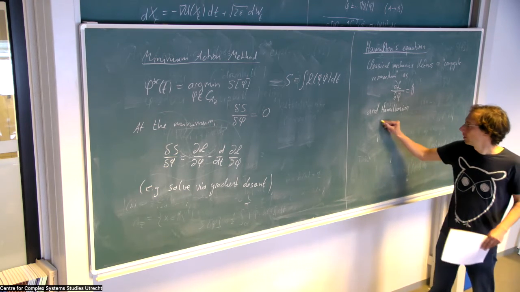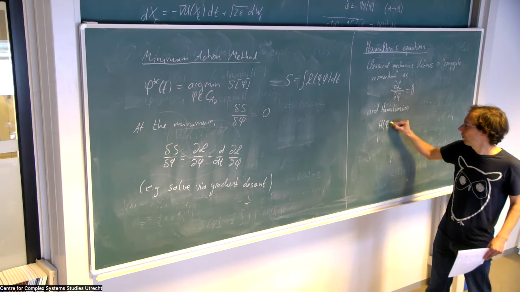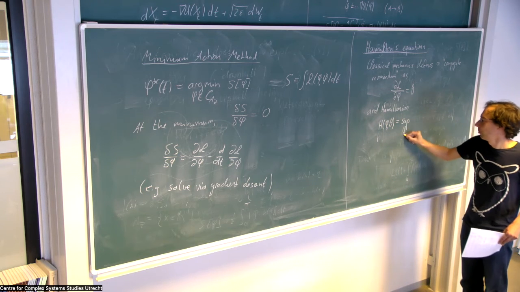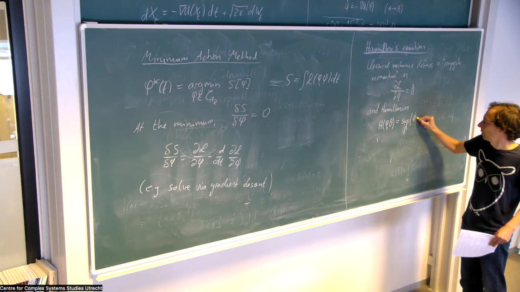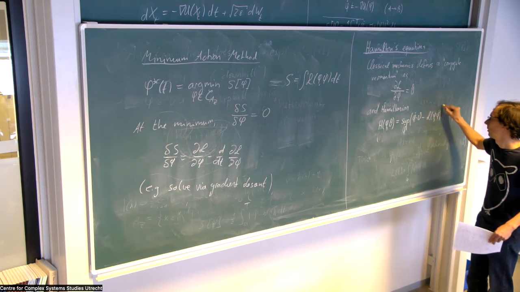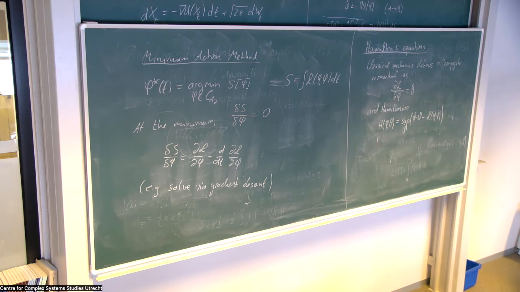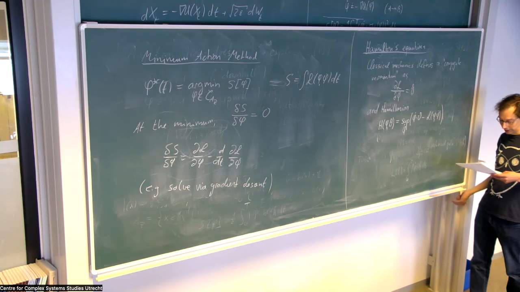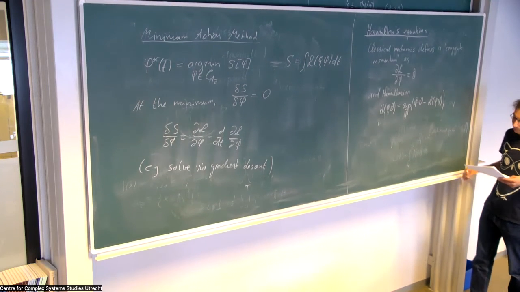I will write that down. So the Hamiltonian, which is now a function of the field variable and the conjugate momentum, is the supremum over phi dot of phi dot times theta minus the Lagrangian of phi dot. If L is convex, this can be written down in a more specific form, but the Lagrangians that we are dealing with here can be fairly general and more general than maybe in quantum mechanics or classical mechanics.